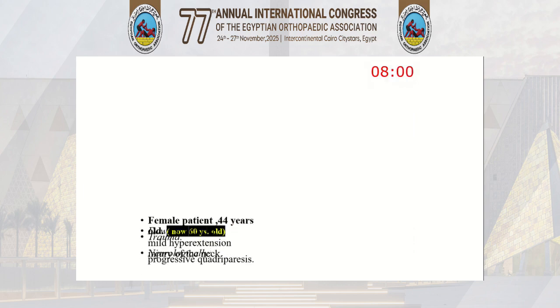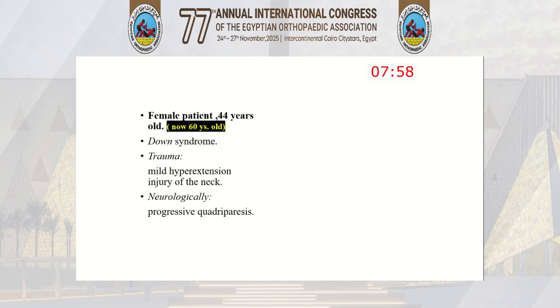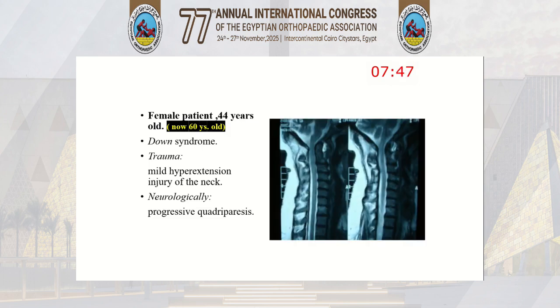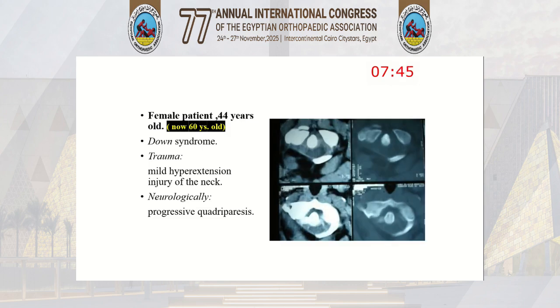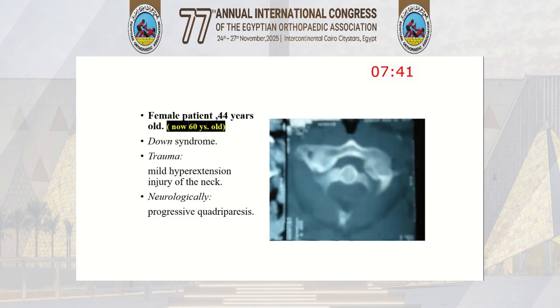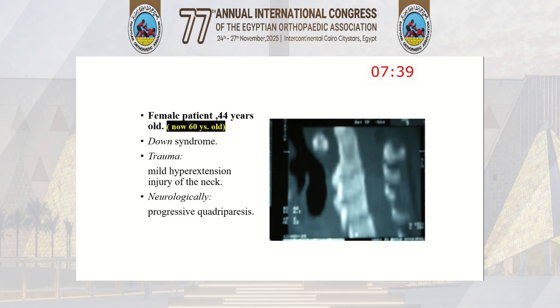But if you get an older patient, a 44-year-old female, also with Down syndrome, with a very little knock to the head, getting into the lift, she came with progressive quadriparesis, and you can see the C1, C2 distance is big.